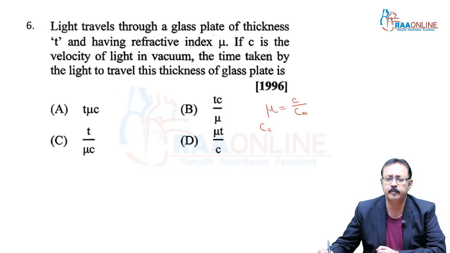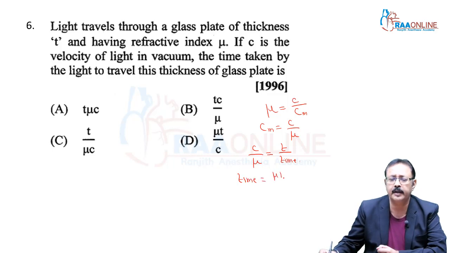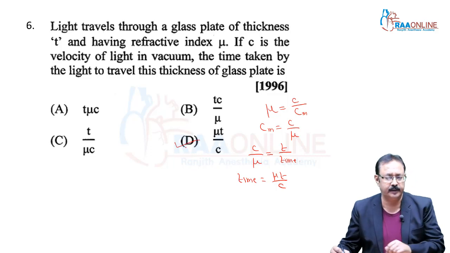So in this medium, speed of light should be C by mu. But speed is distance upon time. We want to cross a thickness T. So what time will it take? Mu T by C. So we will go with option D.